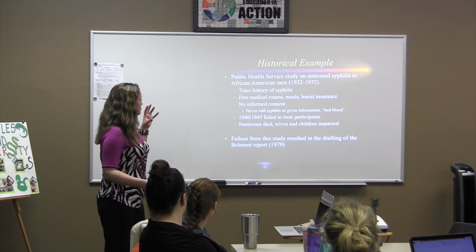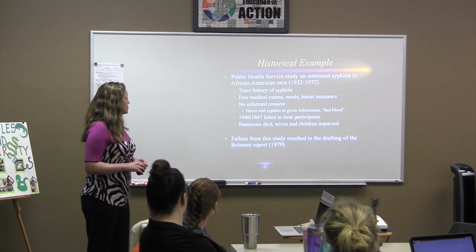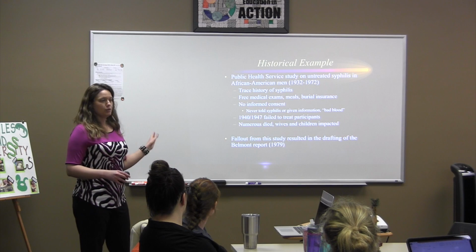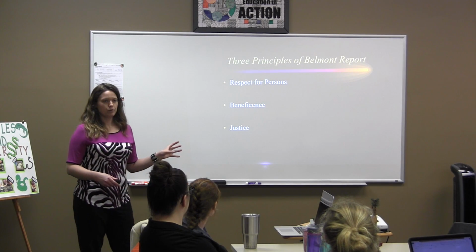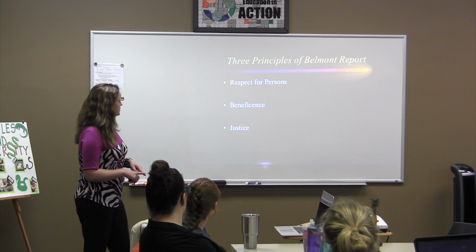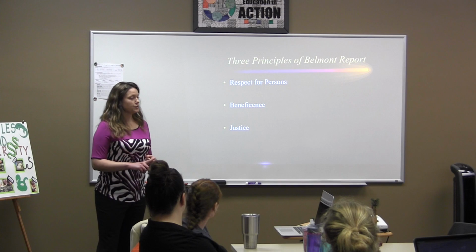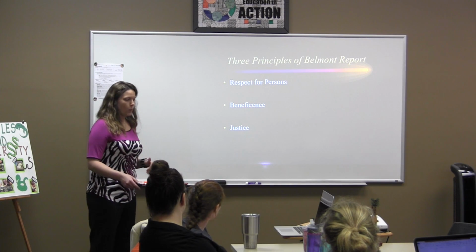So when the general public found out about this, they were outraged, and it resulted in the drafting of the Belmont Report. There are 3 principles in the Belmont Report, and that's what our current federal regulations are based off of. The 3 principles are respect for persons, beneficence, and justice.